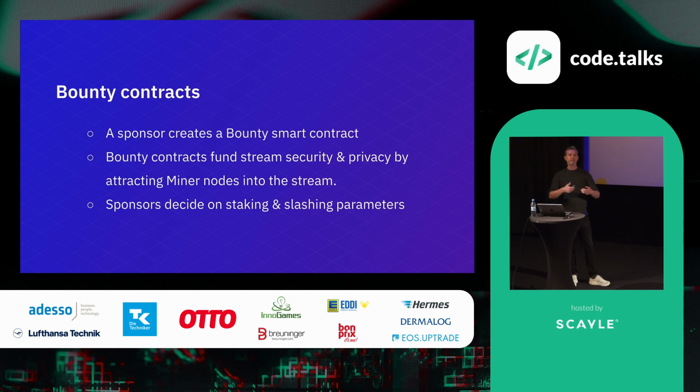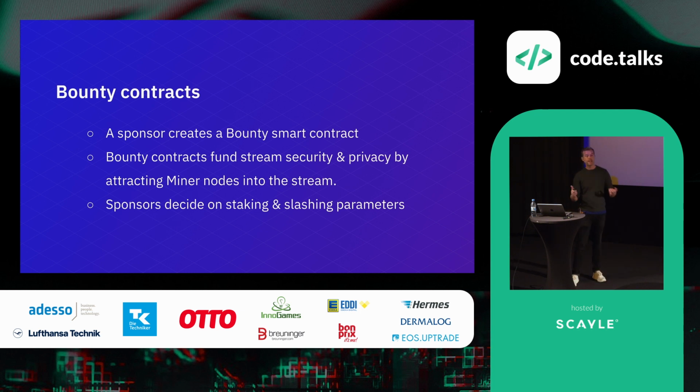And what this does is it incentivizes broker nodes to come in and join the stream topology as these paid actors, and it incentivizes them to be honest and good actors in the system.